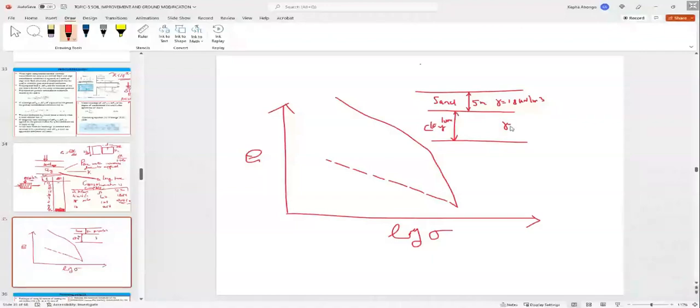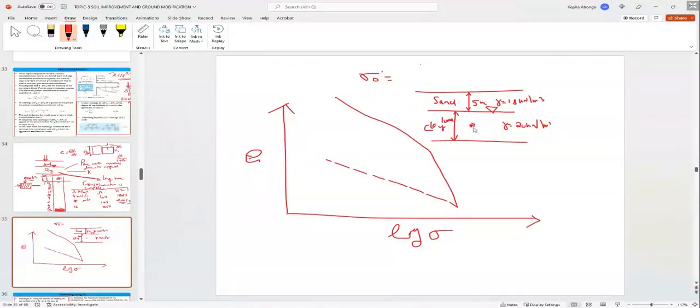There's a density of 20 kilonewton per meter cubed, and it's saturated here. And you did the consolidation testing at the middle of the clay layer. In other words, that was 10 meters thick, that's 5 meters, the middle of the clay layer.